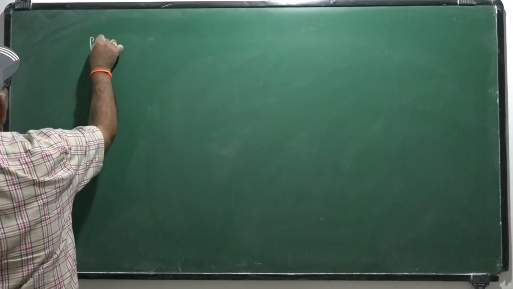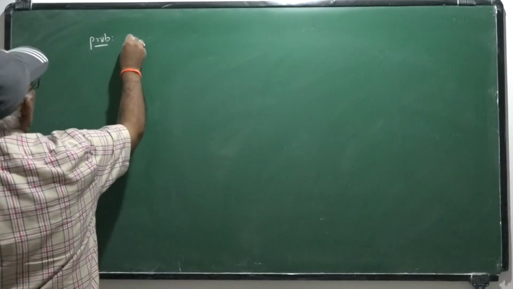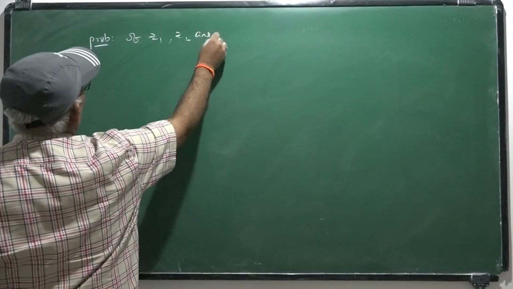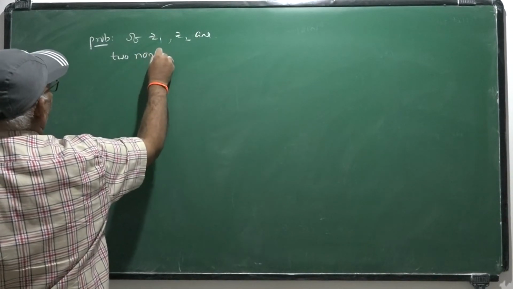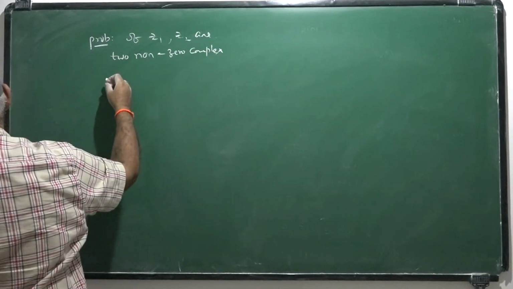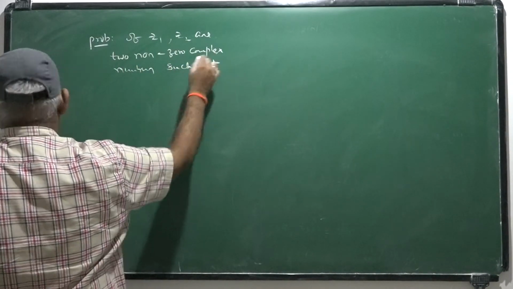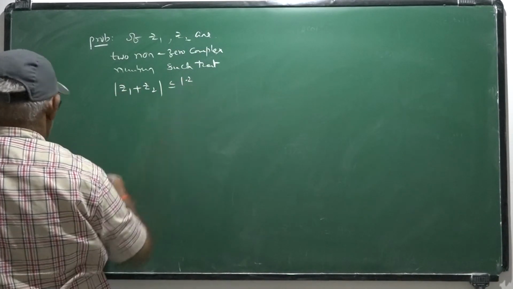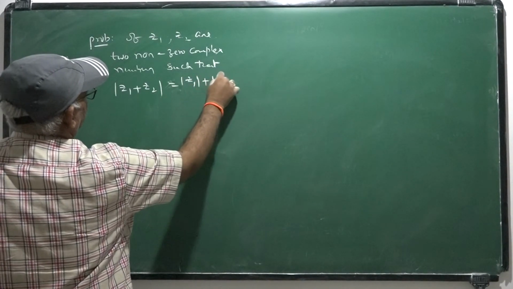Next problem. If z1, z2 are two non-zero complex numbers such that modulus of z1 plus z2 is less than or equal to, of course, this is equal to mod z1 plus mod z2.